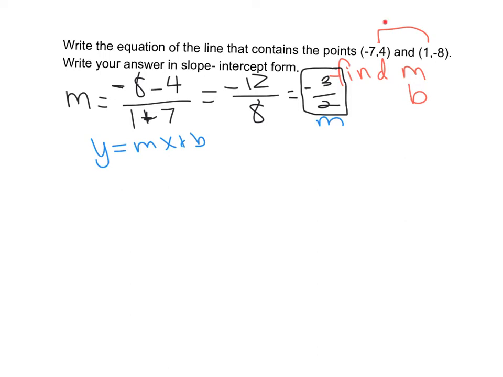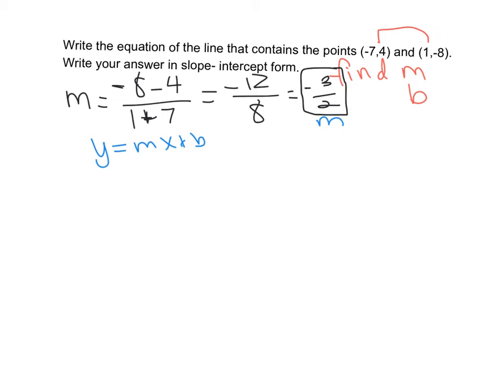It doesn't matter which point I use. My slope is negative 3 halves, and neither point is going to make this easier, because this is going to go with the m. So I'm going to use the second set, just because there's a 1 in the x slot. That might make it easier.